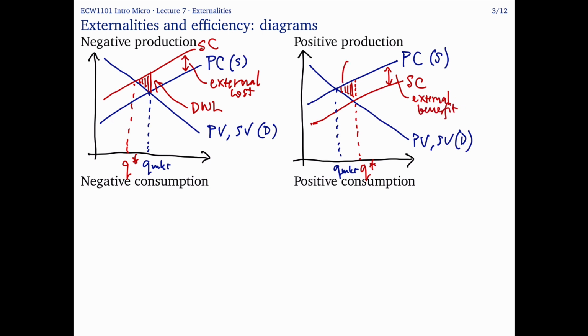And we have this deadweight loss caused by the external benefit that is lost, that doesn't accrue to anybody. And we can draw similar diagrams for negative consumption and positive consumption.